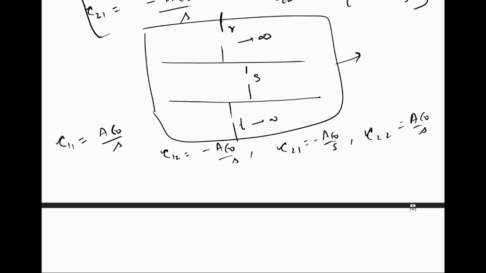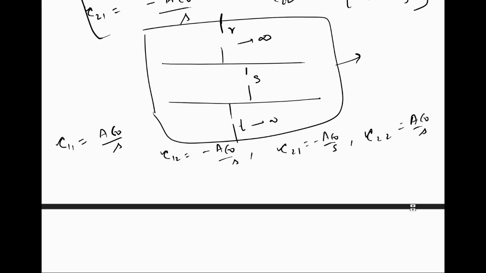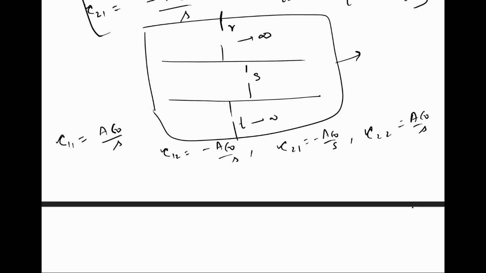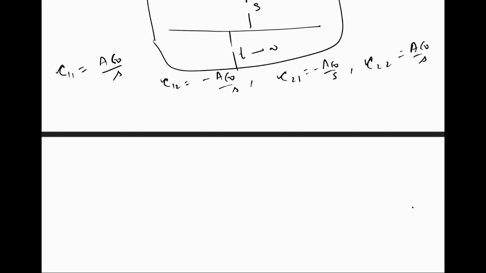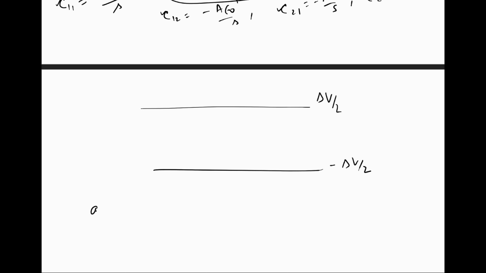Now still we are having four factors. How to get the correlation between the normal parallel plate capacitance and these factors? So I will assume that this is at potential delta V by 2 and this is at potential minus delta V by 2. So the charge will be Q1 equals C11 times the potential of plate 1, plus C12 times the potential of plate 2, and I will put in the values now.